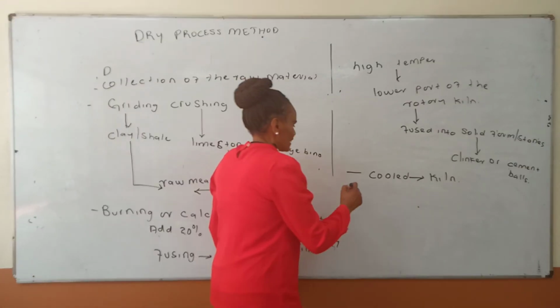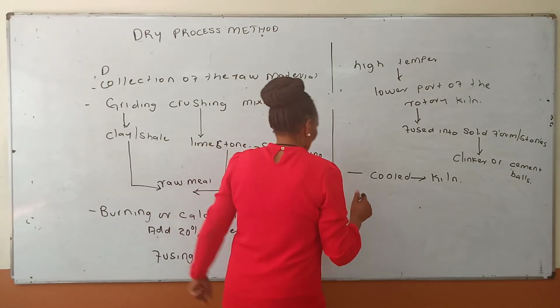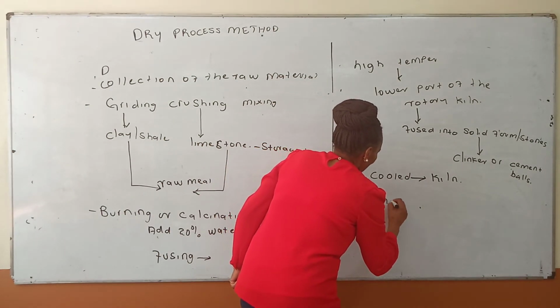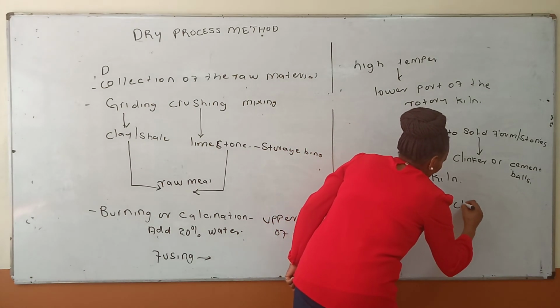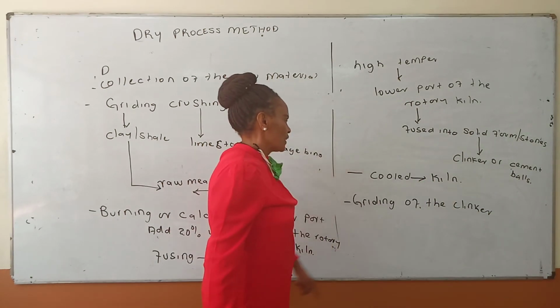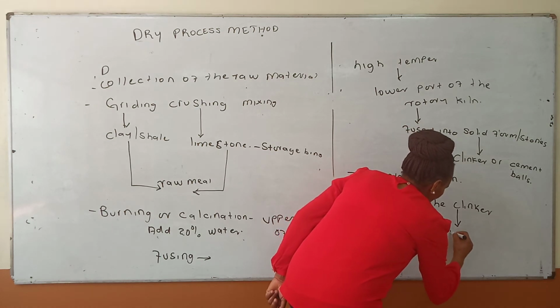And after it has been cooled, we go to the grinding of the clinker. When the clinker is ground, this is where we get the cement.